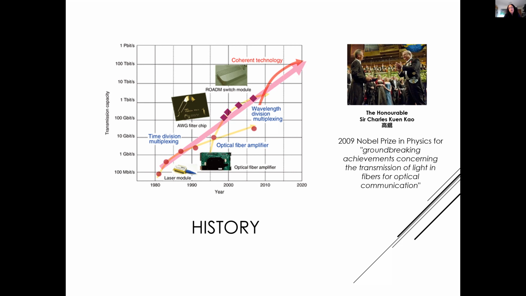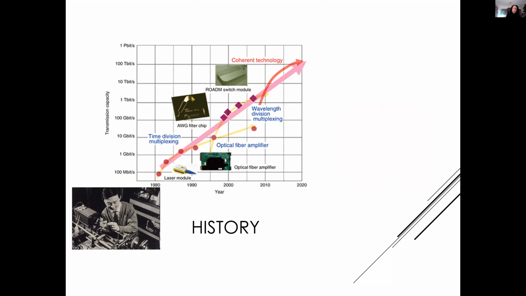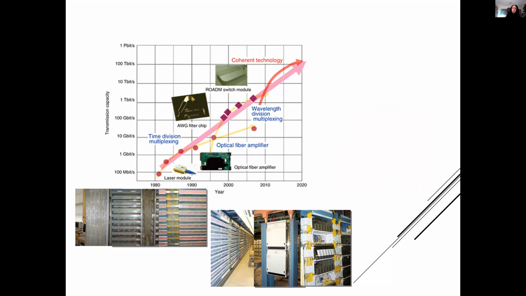The very first big innovation was in 1990, when they discovered that a single fiber can transmit not only a single wavelength, but more wavelengths. You see here Kao when he was young, and you use the concept of sharing more wavelengths on the single fiber.